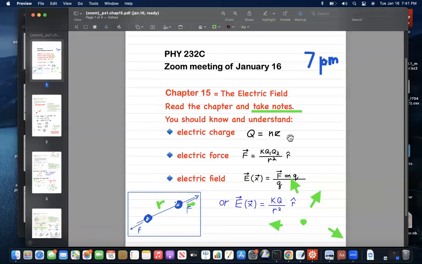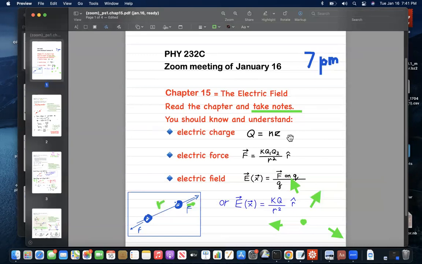Well, if you look at chapter 15, you'll see that table 15.1 gives the charge of a proton. The charge of a neutron is 0. The charge of an electron is negative the charge of a proton. So that defines e.